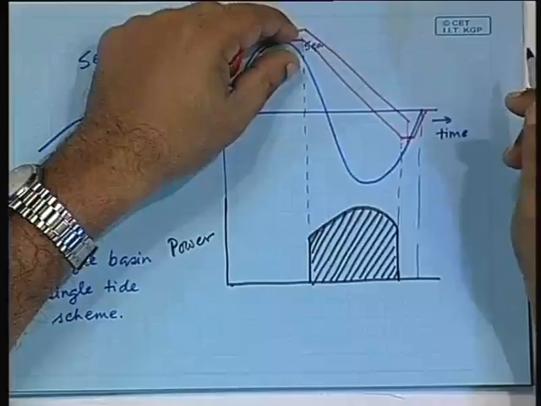So you pump when the head difference is small, you utilize when the head difference is large. As a result, the same quantity of water can produce a lot more power. That is the idea that is almost universally used, because you can enhance the capacity a lot. Let us calculate how much you can enhance by this method.